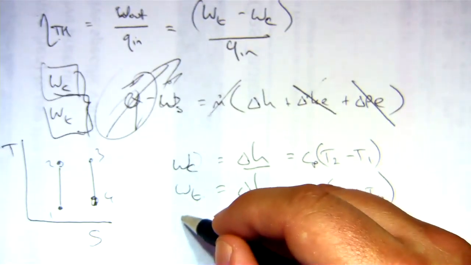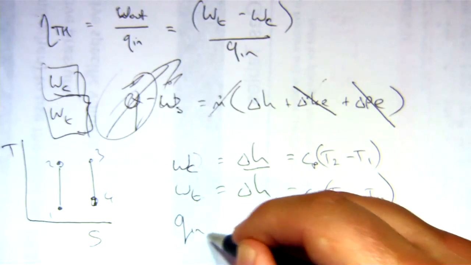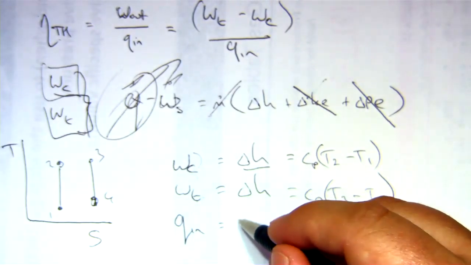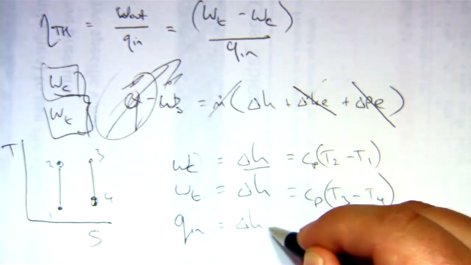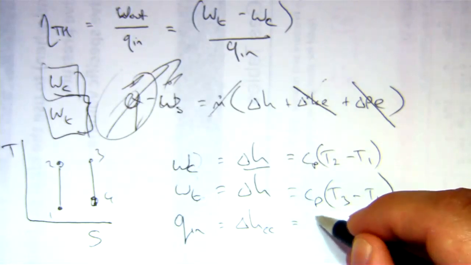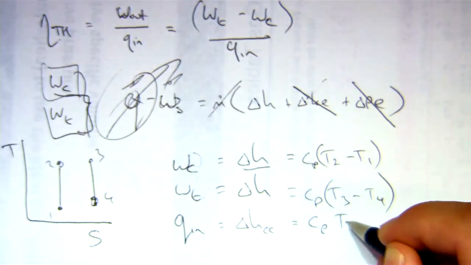And then my Q in is again delta H over the combustion chamber, which is again CP (T3 minus T2).